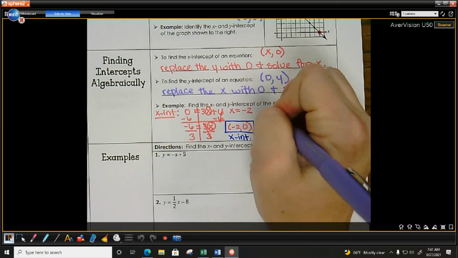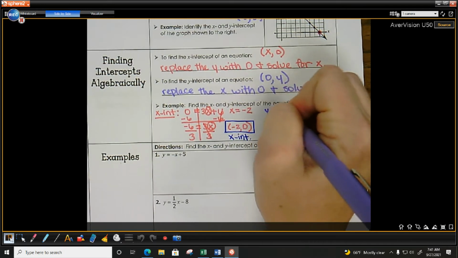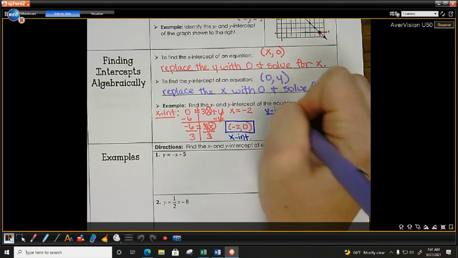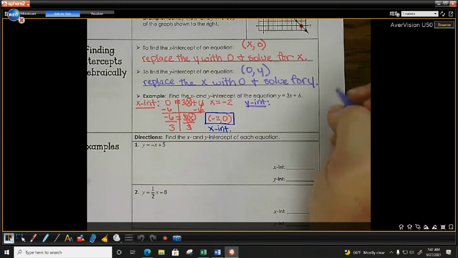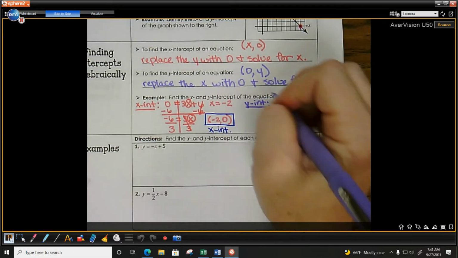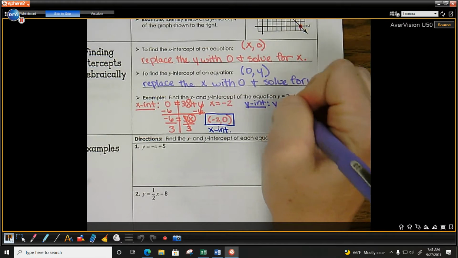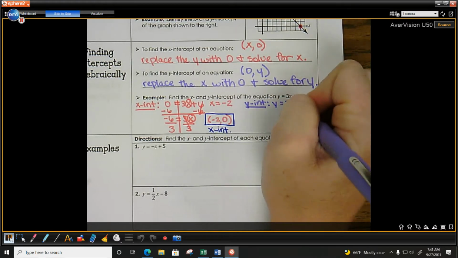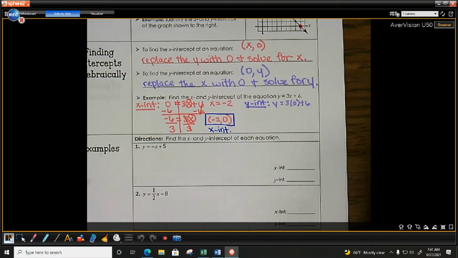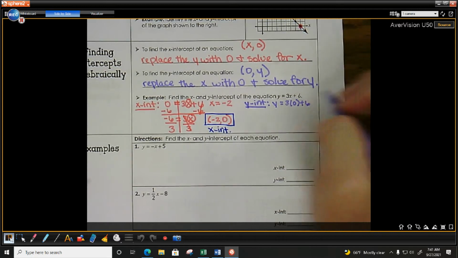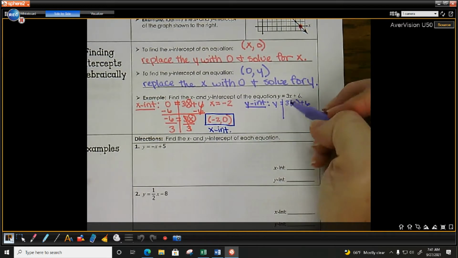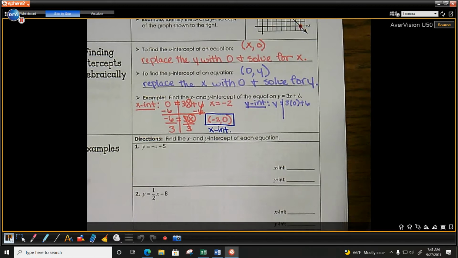Then to find the Y-intercept. To find the Y-intercept, what are we going to do? Replace x with 0. So this is y equals 3 times 0 plus 6. Well, what is 3 times 0, guys?